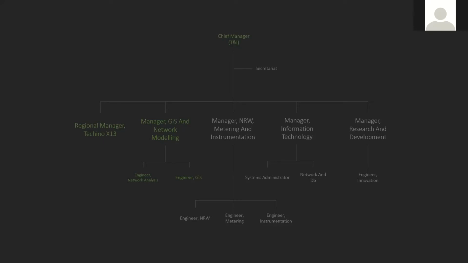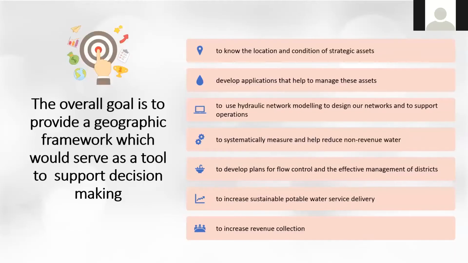So as you can see, we have a structure which has me here at the head office, and I basically oversee 13 other regions and assist in their GIS operations and functions there.